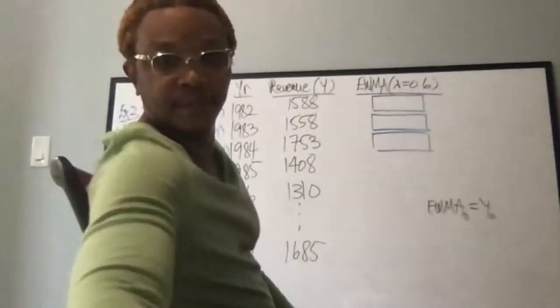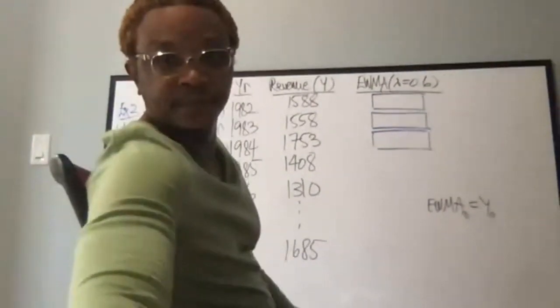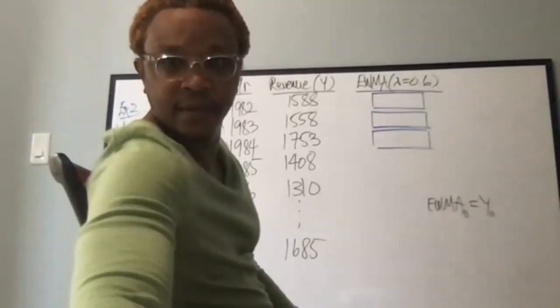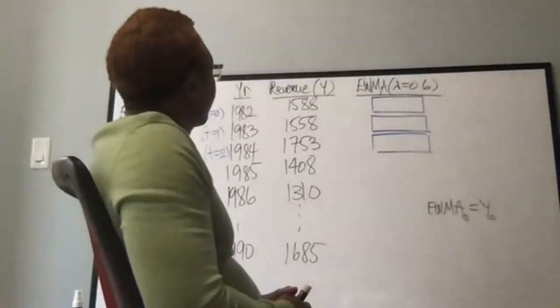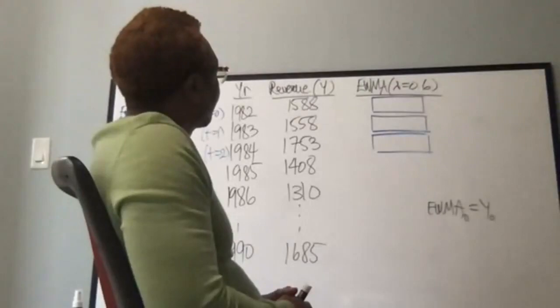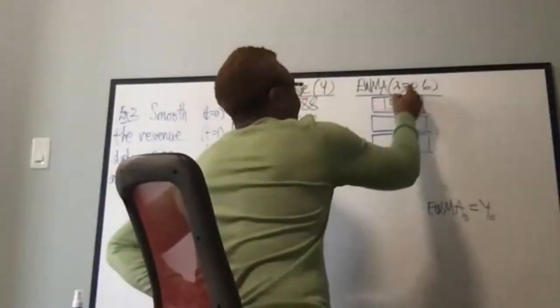Aileen, what is that equal and why? It equals 1588. Why? When we wrote it down, we said it equals the first value in the original data column. Very, very good. So 1588.